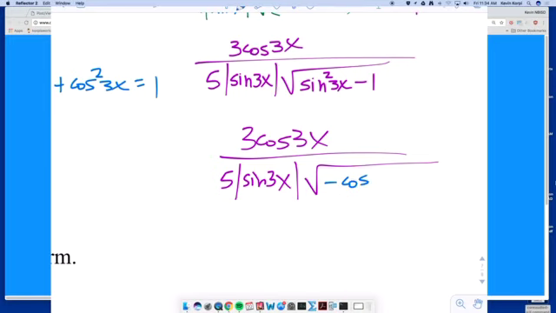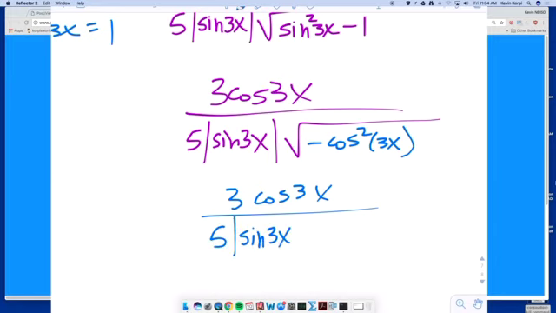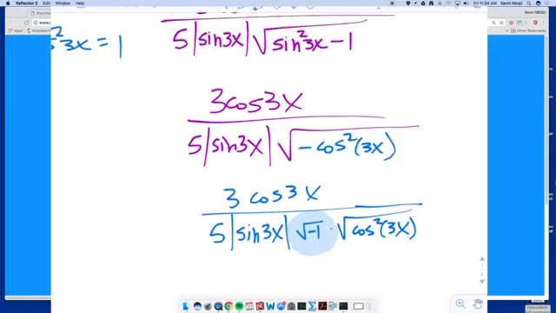I pledge allegiance to the Texas flag, one state, under God, one and indivisible. Thank you. You guys have a great day.